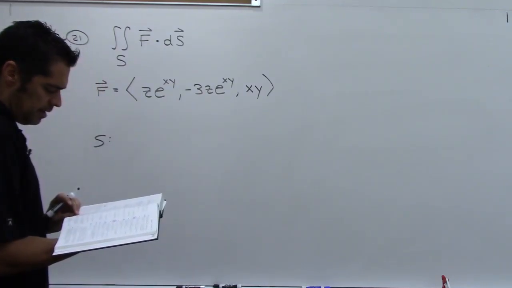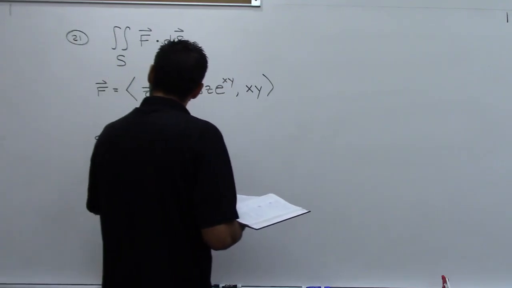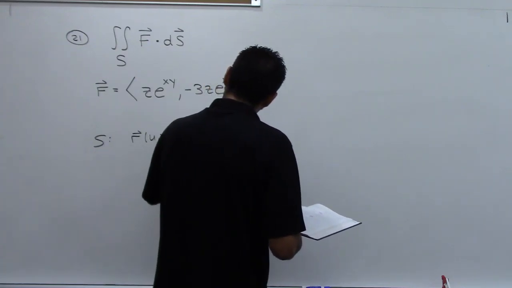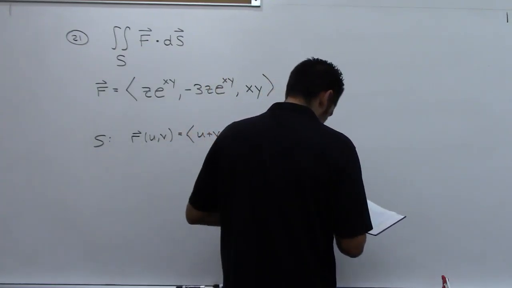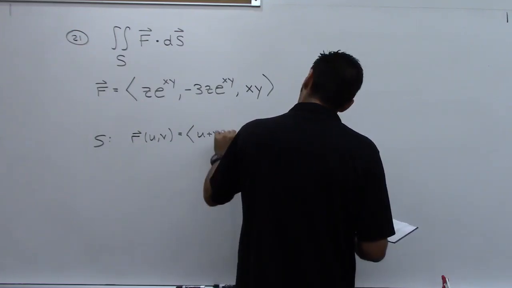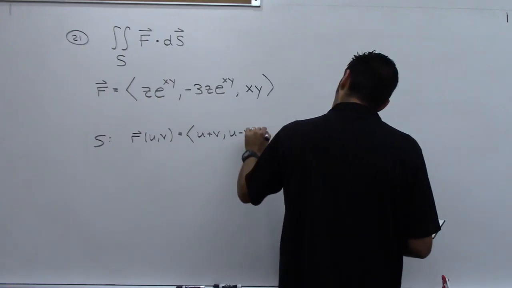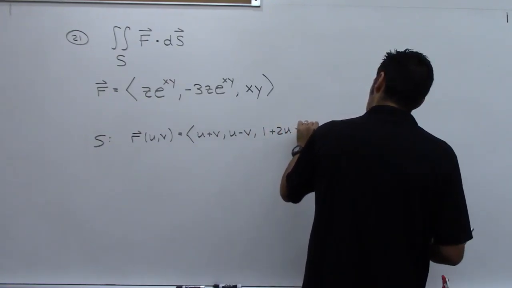So exercise 5, I did that earlier. It was this: R of u,v is u plus v, then u minus v, and then z was 1 plus 2u plus v.